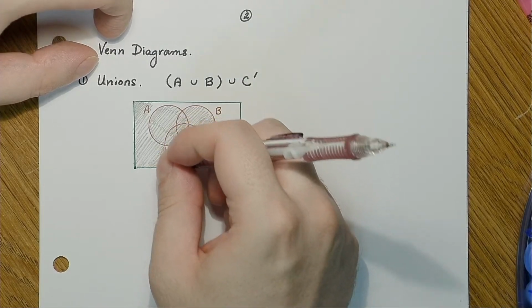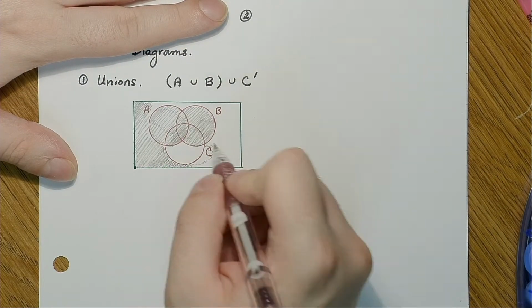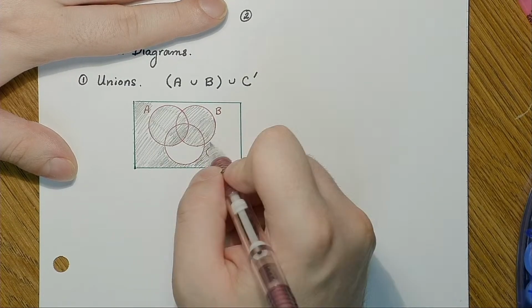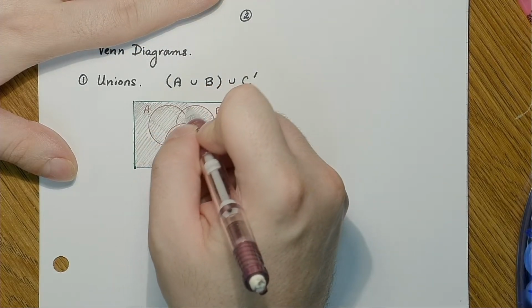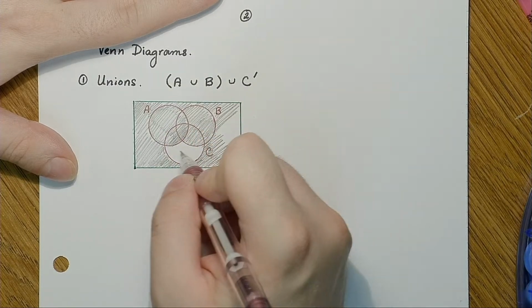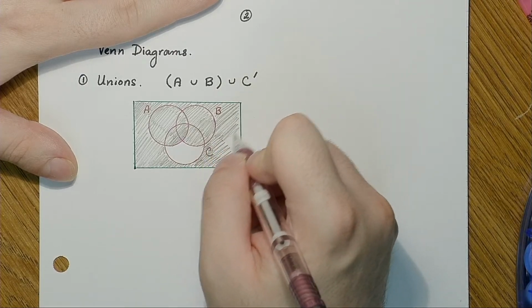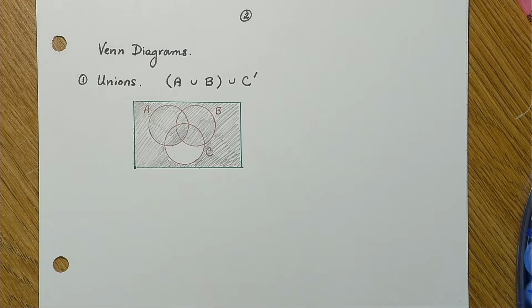We can be careful to not shade in things that we don't mean to, so that in the end, the only thing that we don't shade in is in there. Okay.